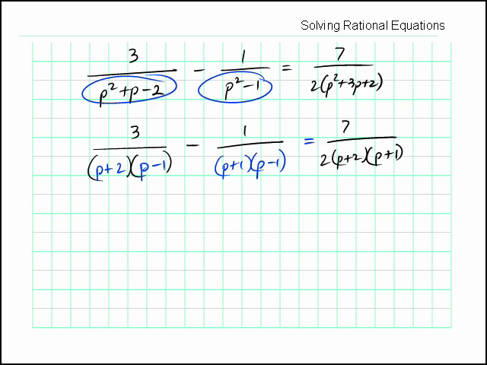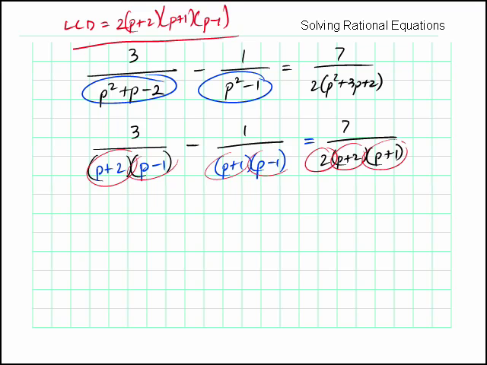So the LCD, I notice I have a 2 in the denominator, so I need a 2. I have a p plus 2 here, so I need a p plus 2. This one also has a p plus 2, but it's only to the first power, so you only need one of them. And I see we have some p plus 1s and p minus 1, so I need a p plus 1 and a p minus 1.